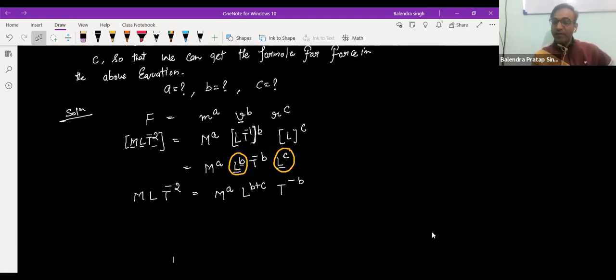If we compare the left hand side to the right hand side, we can easily find that mass is totally independent of length and time. So we can compare the power of M in both sides. On one side M has the power a, and on the other side M has a power.